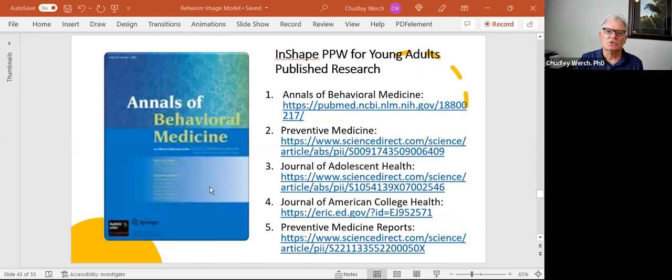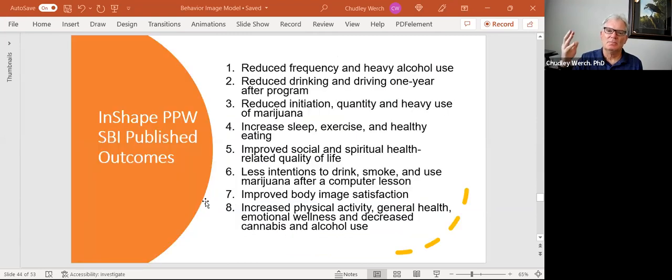Then there was a brand new study published under number 5 in Preventive Medicine Reports, supporting the multiple behavior outcomes from InShape, which is our young adult program. And again, many different outcomes of preventing different types of alcohol use, including heavy, dangerous use, including heavy use of marijuana, including drinking and driving, etc. But not just that, improving other health behaviors, physical activity, sleep, even health-related quality of life.